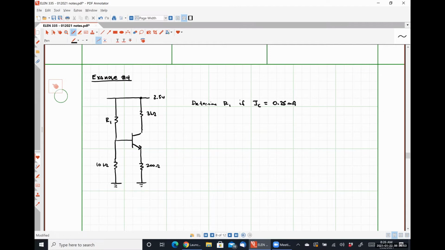All right. So we have a fixed collector current of 0.25 milliamps. Let's assume that IS is equal to 6 times 10 to the negative 16 amps. Beta is equal to 100, and VA is equal to infinity.